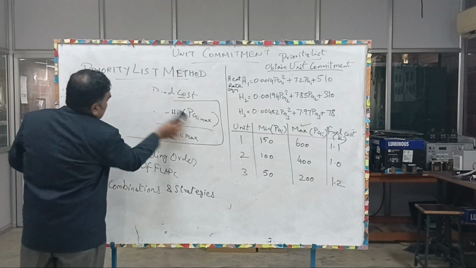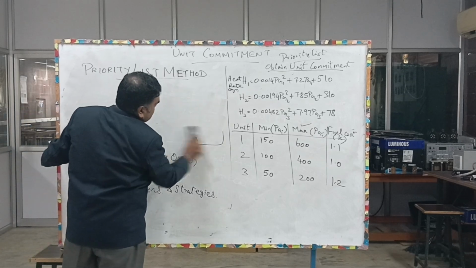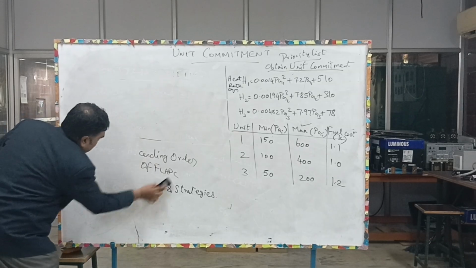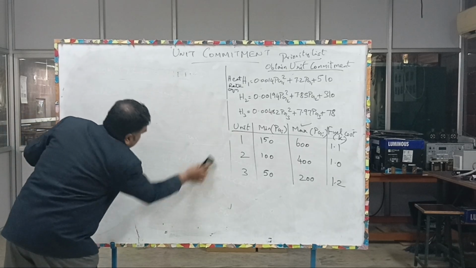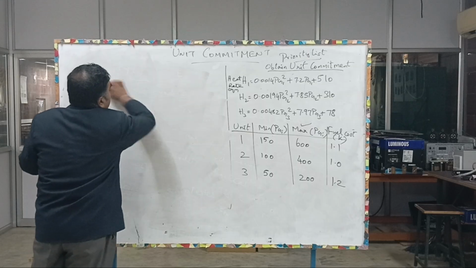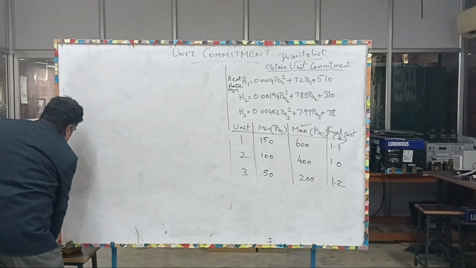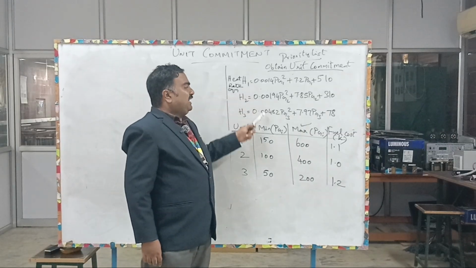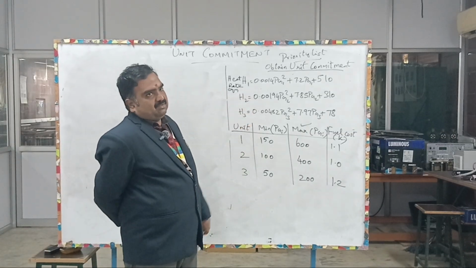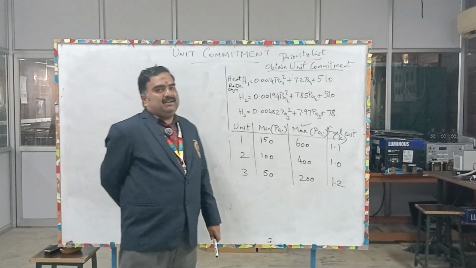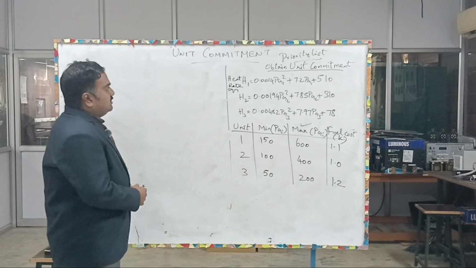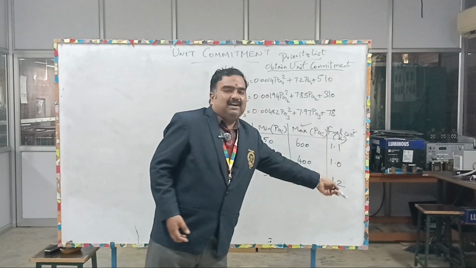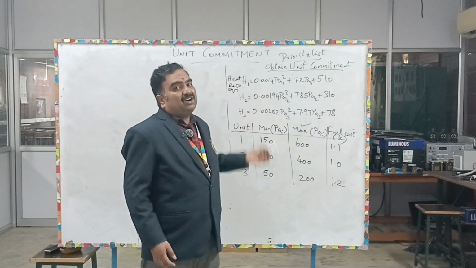I hope you would have copied this formula. Now, look at this problem. You have been given 3 quadratic equations. You call it as a heat rate equation of each generator. So, in certain problems, they wouldn't have given this fuel cost, and they would have directly given the cost equation.